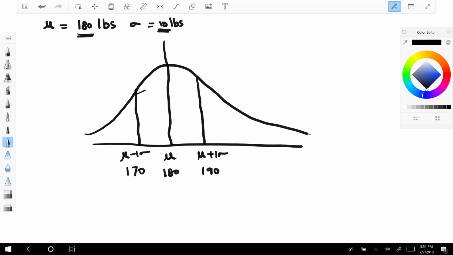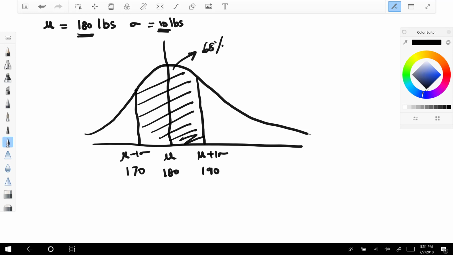This is again 68%. What we are saying is that the number of students with weight between 170 and 190 would be 68%.